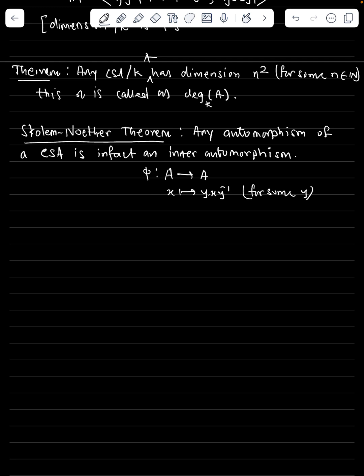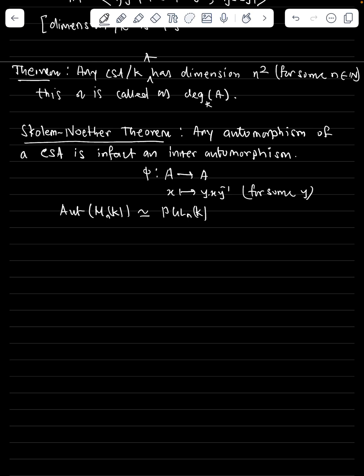And in fact, this also shows that the automorphism group of M_n(K) can be shown to be isomorphic to the projective general linear group, right? For obvious reasons, because you take the short exact sequence by taking an element of GL_n(K), and you send it to the map where x goes to that element of GL_n(K) times x times that element's inverse.